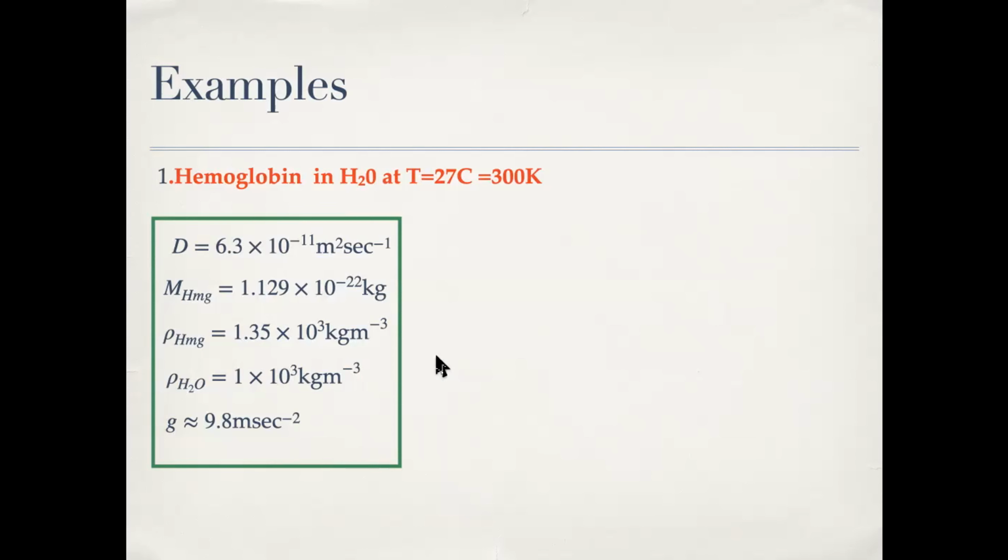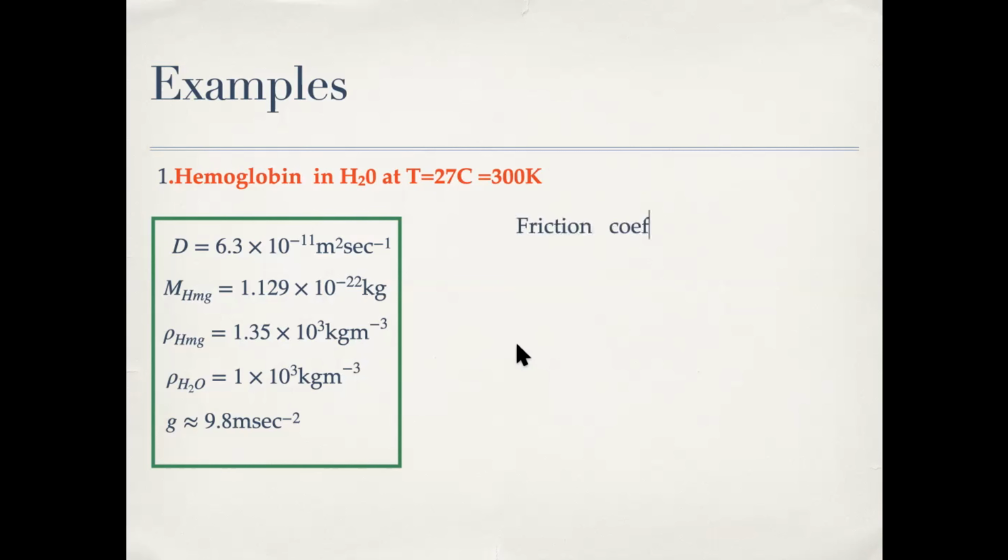The mass of the hemoglobin molecule is 10 to the minus 22nd kilograms. The density of hemoglobin is, as you see, slightly larger than water: 1.35 times 10 to the third kilograms per cubic meter. The density of water is of the order of 1. And the gravity acceleration is 9.8 meters per second squared.